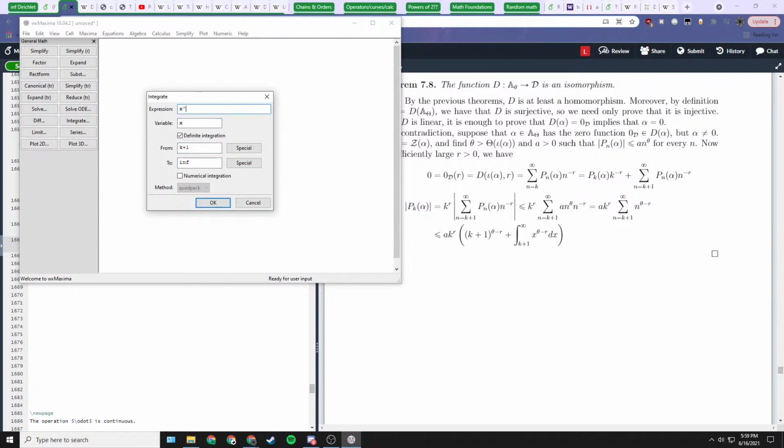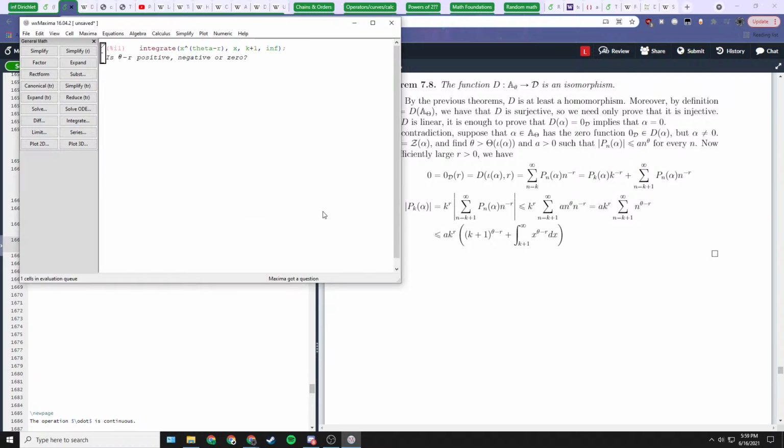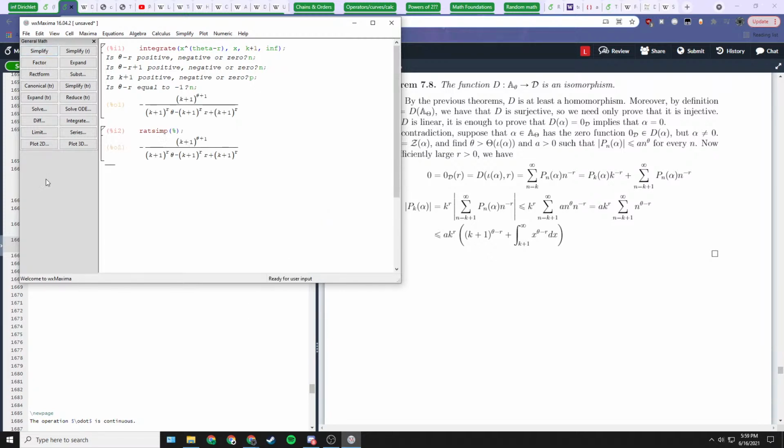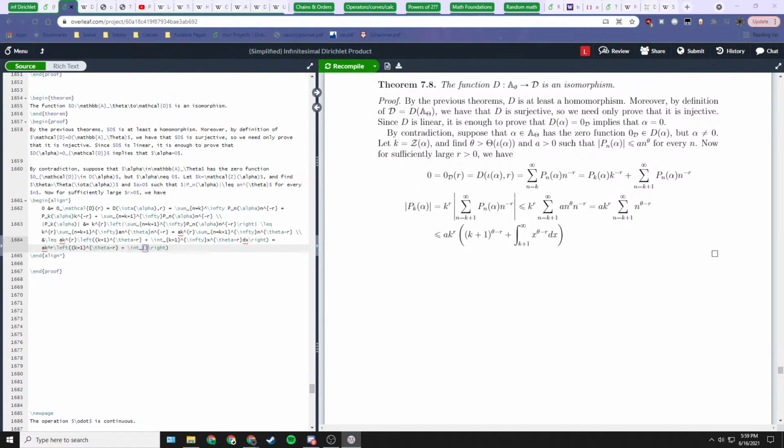Our integrand is x power theta minus r. That's disgusting, I hate that. That's better, that's what I would work out if I was going to do it. Yeah, that seems correct. Okay, so we're going to just plug that in.